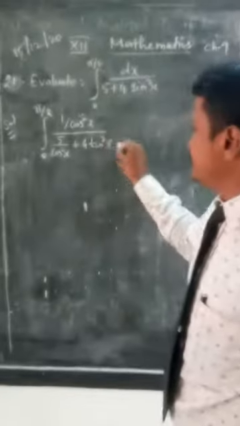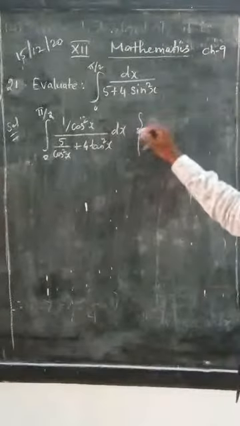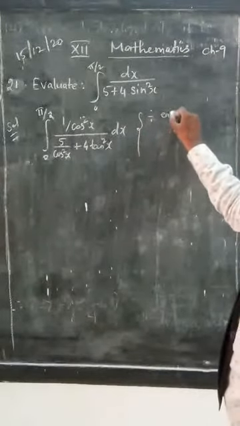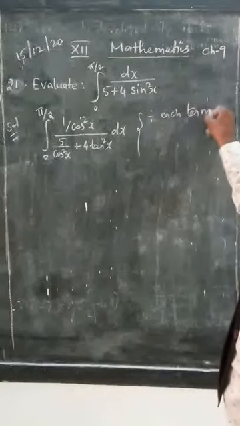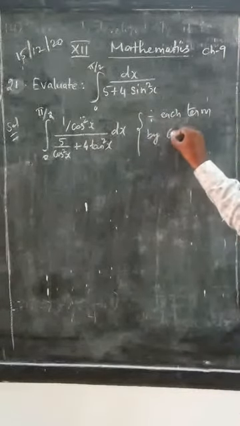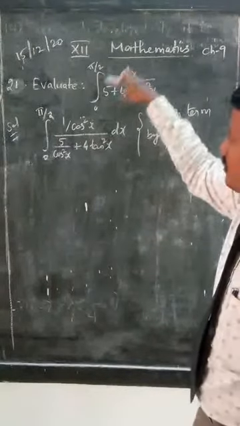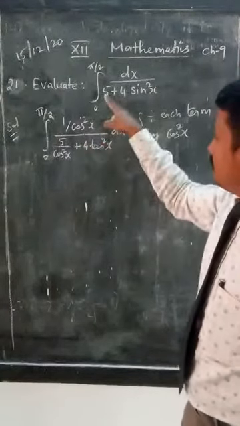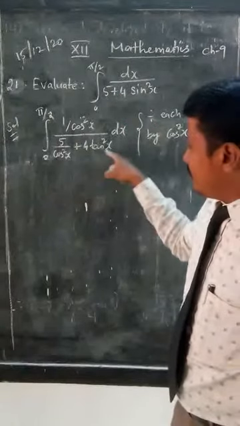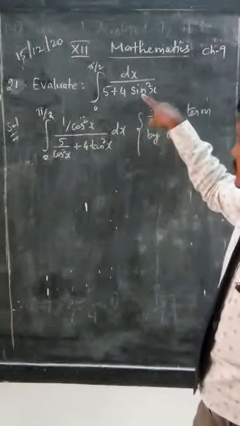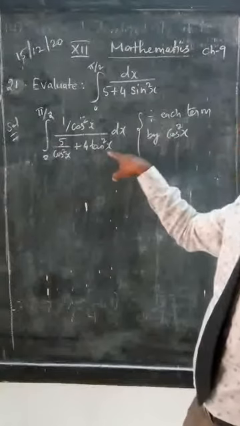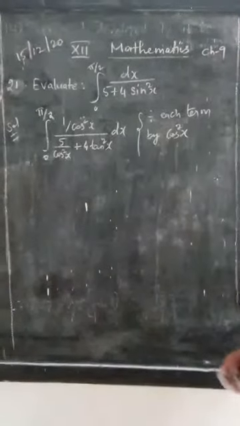Can you guess how this is? Again, we are dividing each term by cos square x. The numerator is divided by cos square x, and the two terms of the denominator are both divided by cos square x. And sin square x by cos square x is tan square x. That is why we have written tan square x there.